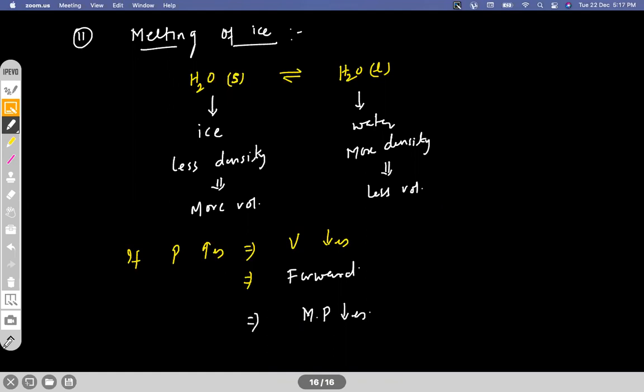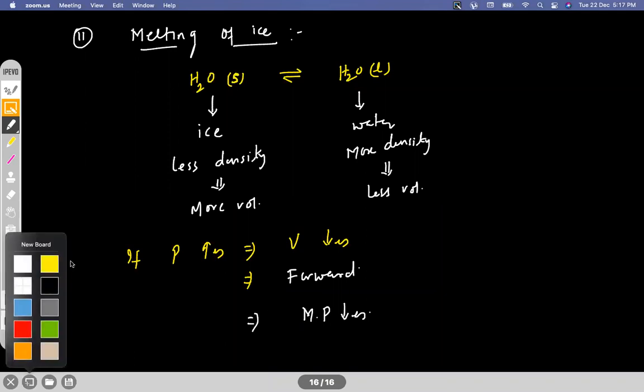Okay. So if you have any other substance, for example, if you talk about the melting of other substance, suppose we have any element X solid and it converts into X liquid.